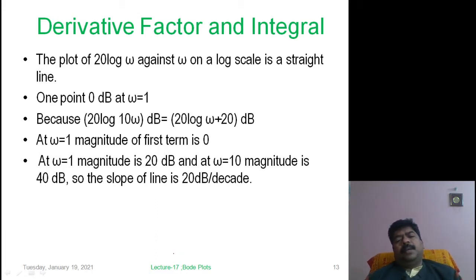So at omega 1 the magnitude will be 20 dB, while at omega equal to 10 this will be 20 plus 20, meaning 40 dB, and the slope is 20 dB per decade.